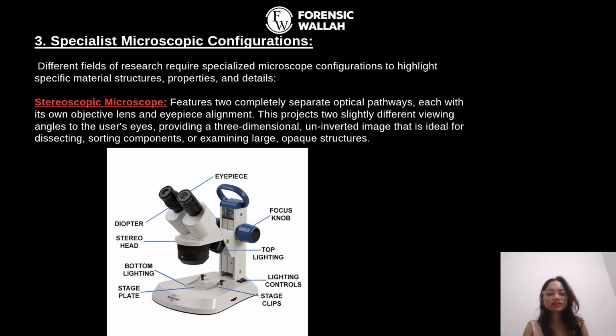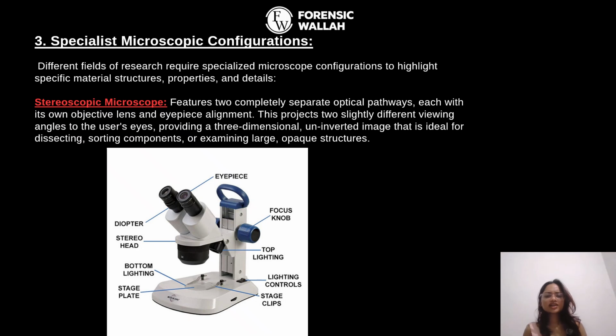Each pathway is equipped with its own independent objective lens and eyepiece in alignment. By keeping the optical channels separate, the instrument projects two slightly different viewing angles to the user's left and right eyes. This mimics natural human binocular vision, providing a true three-dimensional uninverted image.